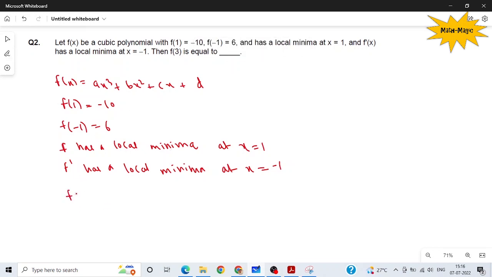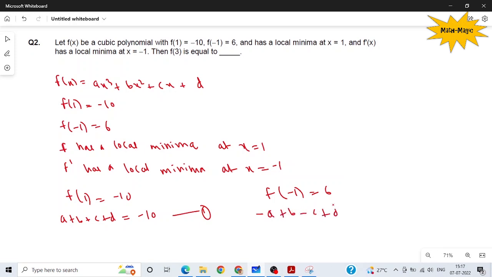F of 1 turns out to be a plus b plus c plus d equals minus 10. So we can take this as equation number 1. Also it is given that f of minus 1 equals 6. So f of minus 1 turns out to be minus a plus b minus c plus d equals 6. Okay, this we take as equation number 2.